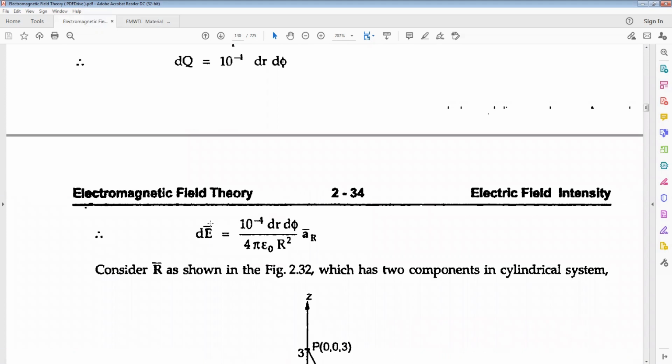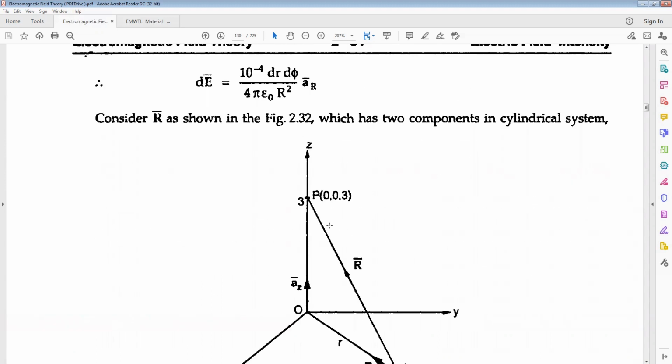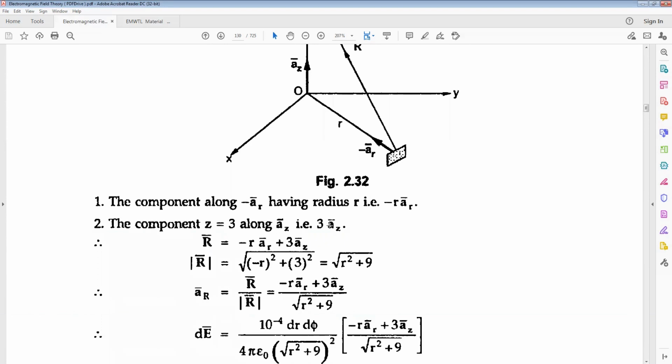The differential electric field intensity E bar is equal to dq by 4 pi epsilon naught r square into r. Okay, this is the point charge equation. Understood? So the components along r are minus r into r bar, and the component in z is 3 into az bar.